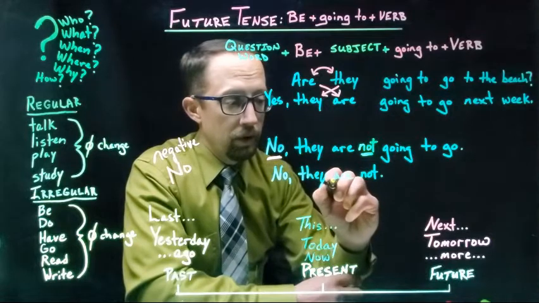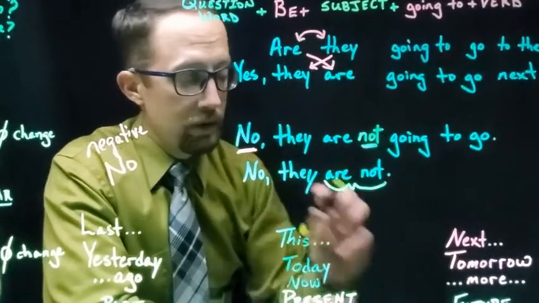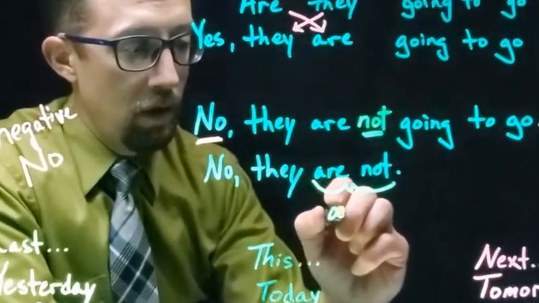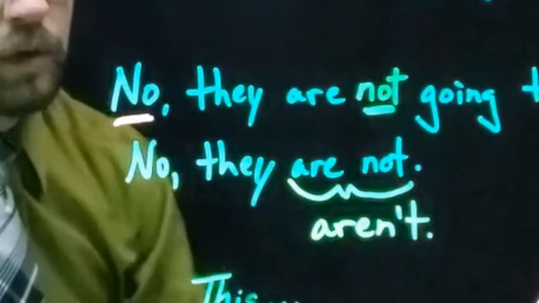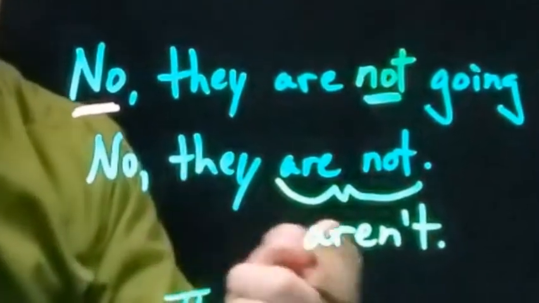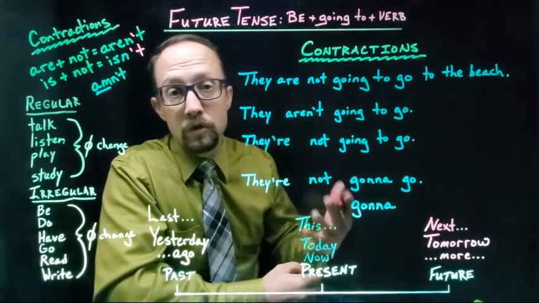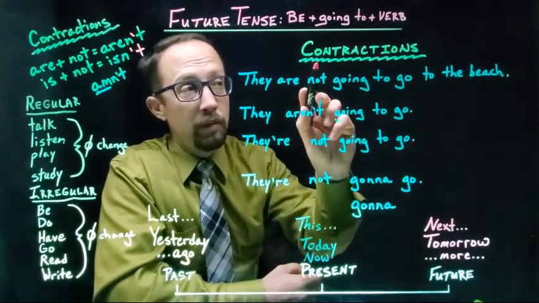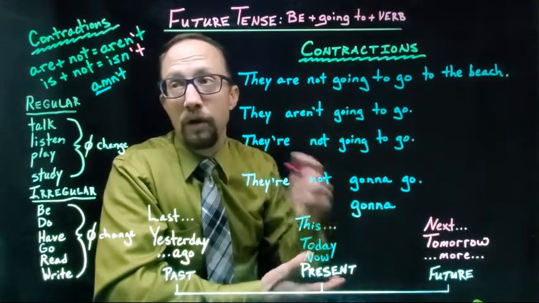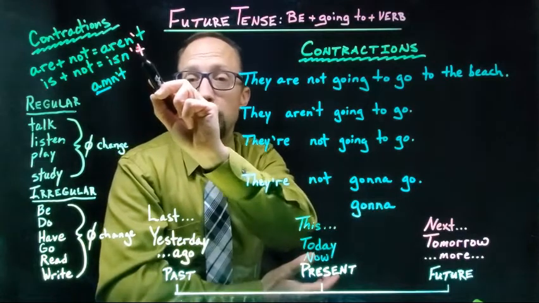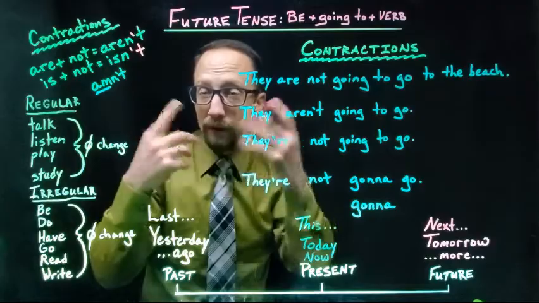Do you remember contractions? You can say something like aren't. So no, they aren't. So we just talked about contractions like aren't. Contractions is when you put words together, right?